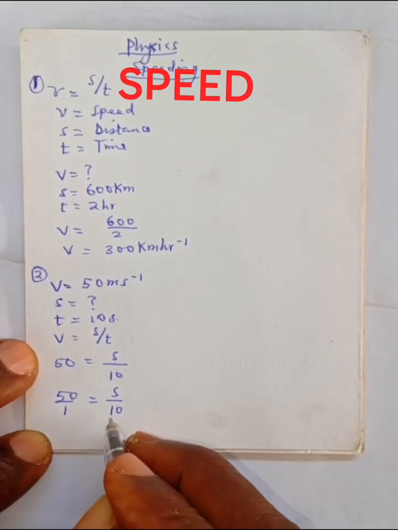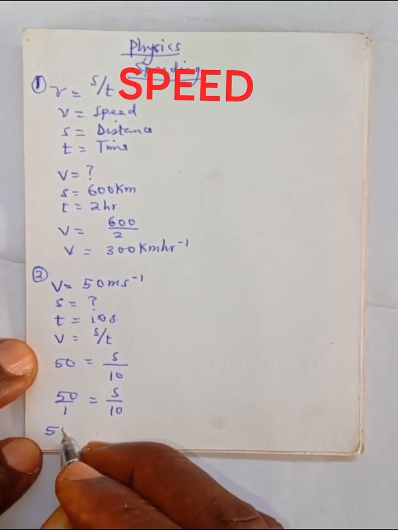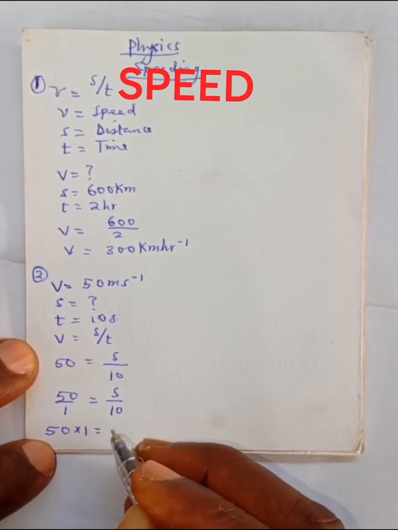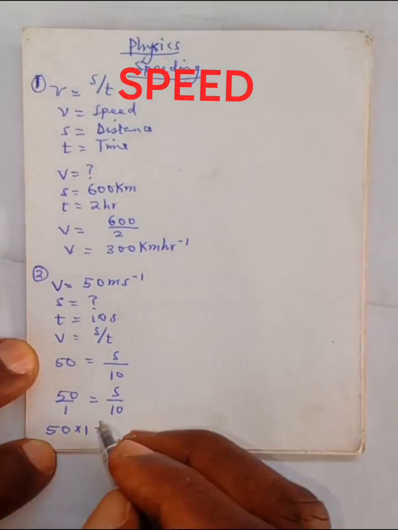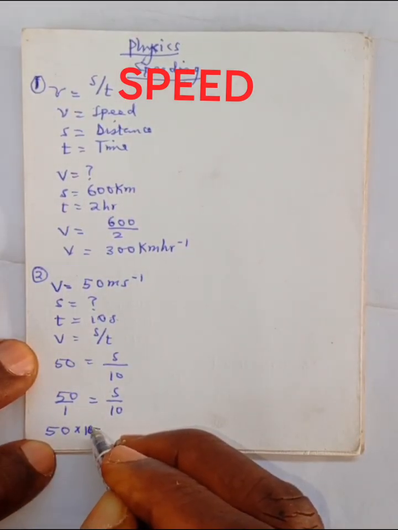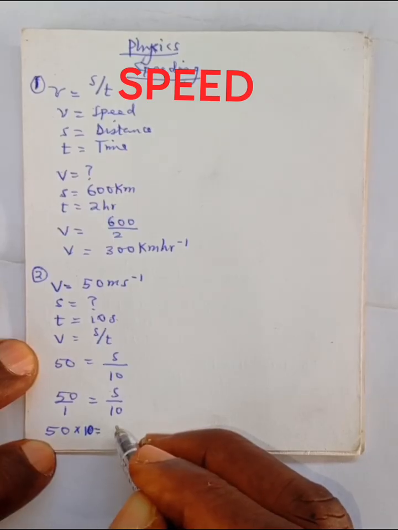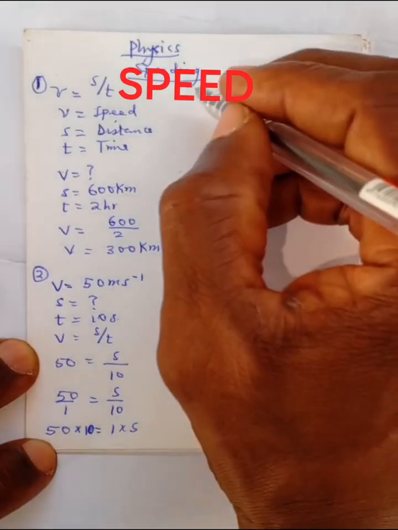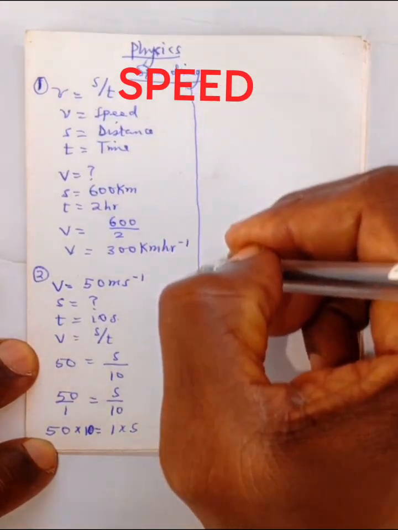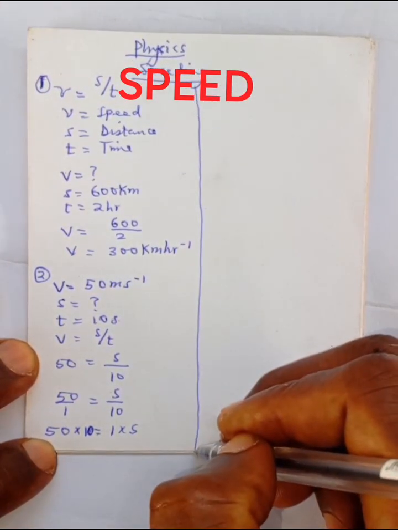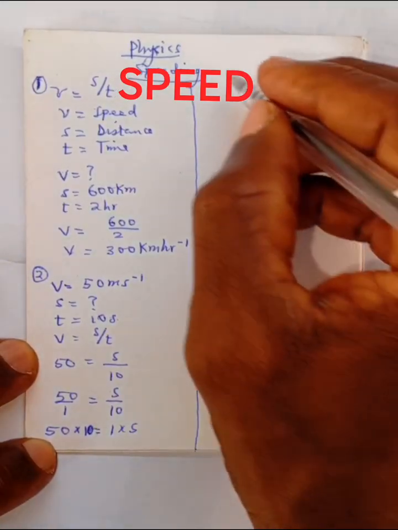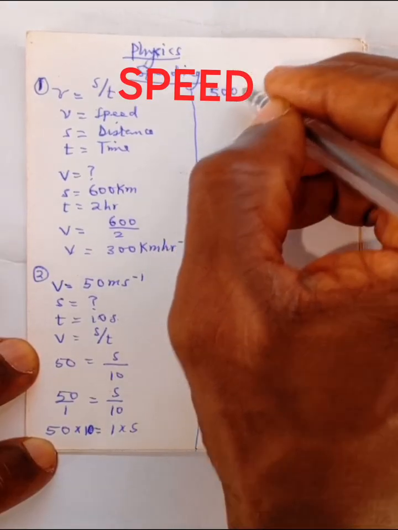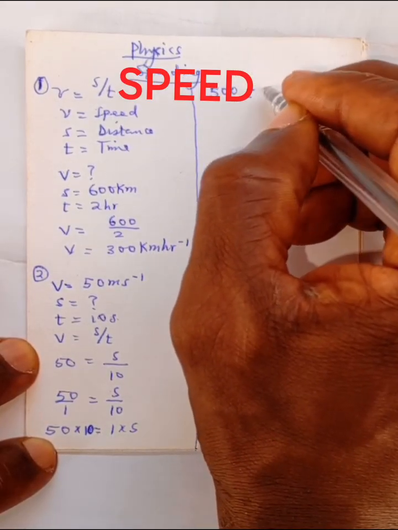When you cross multiply this, you have 50 times 10 is equal to 1 times S. Then 500 is equal to S.